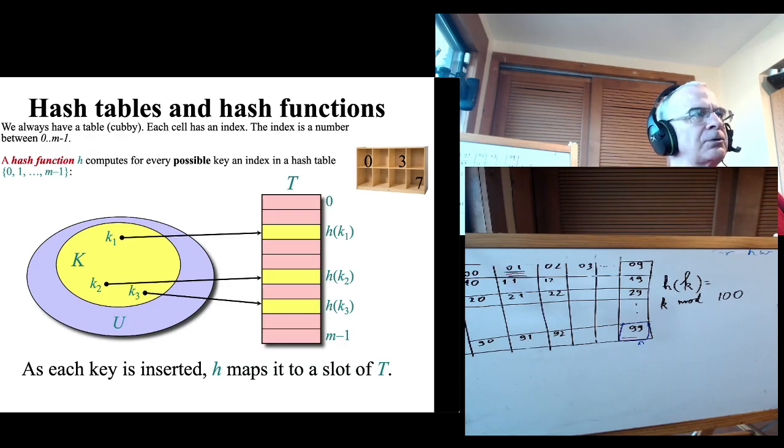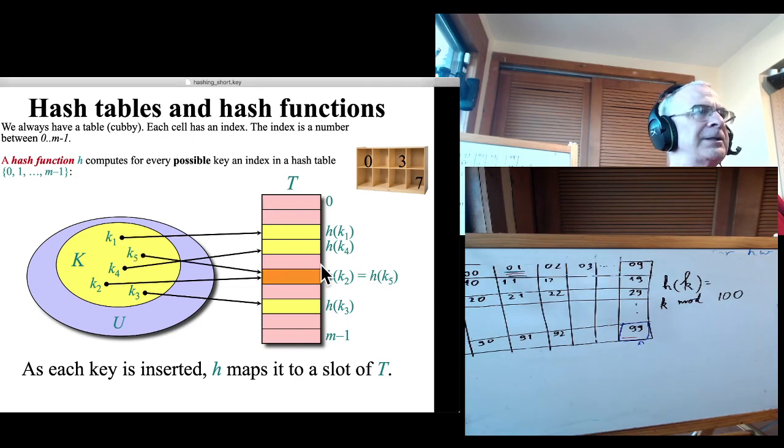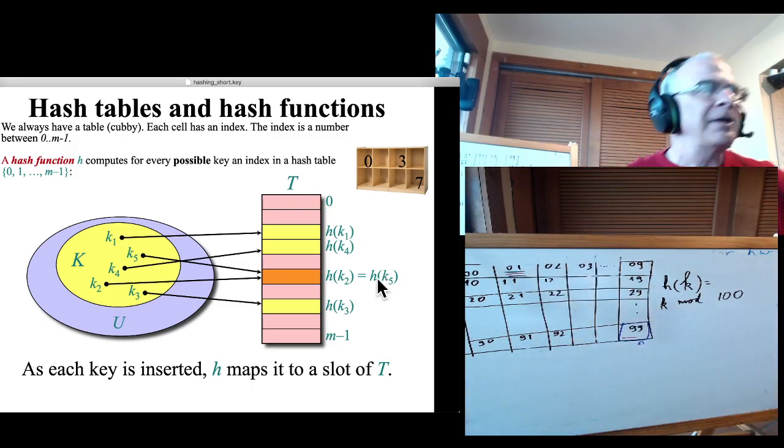Of course, we will have to handle the case that a collision happens, right? The universe, and even the set K, is usually much larger than the number of cells in the hash table or in the cubbies. So it will be unavoidable that we'll have two students with the same index. We'll have in the same cell several homeworks.